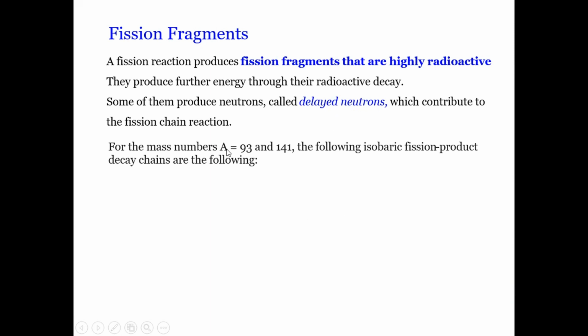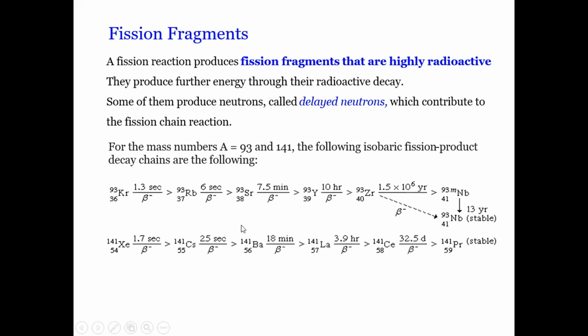So for mass numbers A = 93 and 141, we can see the following decay chains happen. Krypton-93 goes through beta decay, several times, and then becomes stable.